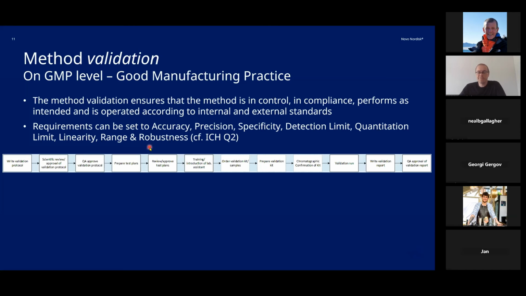And some or all of these requirements can come into play, but if you have an ID method, so is this analyte present or not present, for instance, then you may not have a requirement for linearity, because we don't need to tell how much of the analyte is present. We need to have a detection limit.